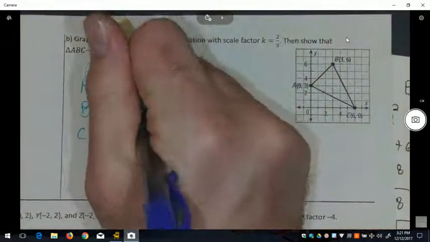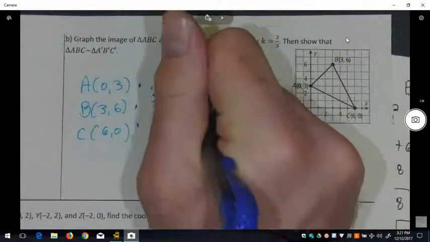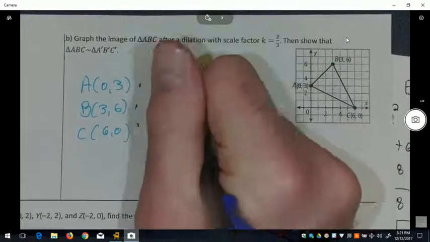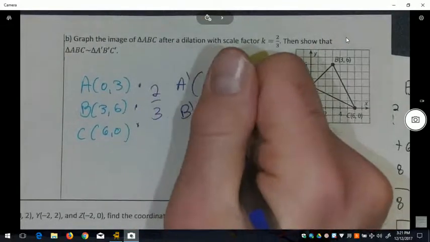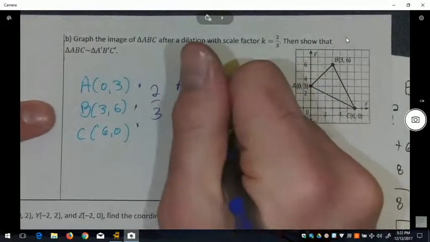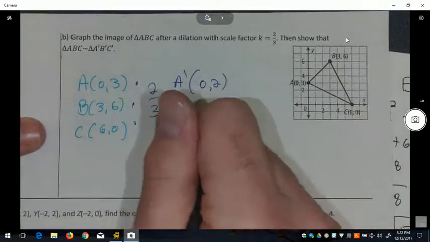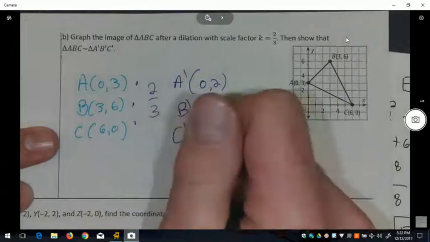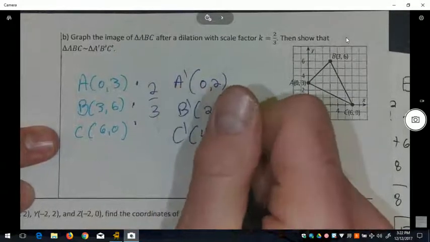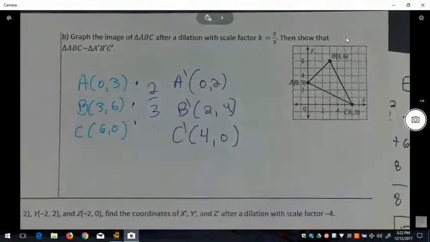So we just multiply every single one of those points by 2/3 to get A prime at 0, 2, B prime at, times 2/3 is going to be 2, 4, and C prime at, that's 12 over 3, which is 4, 0.